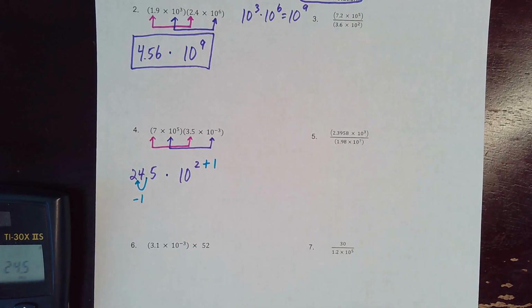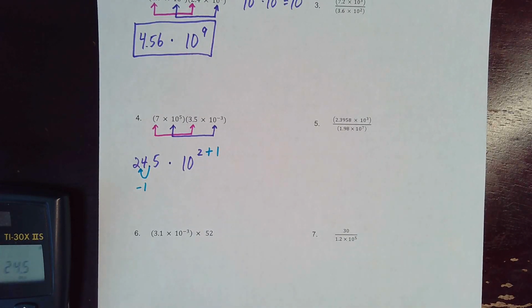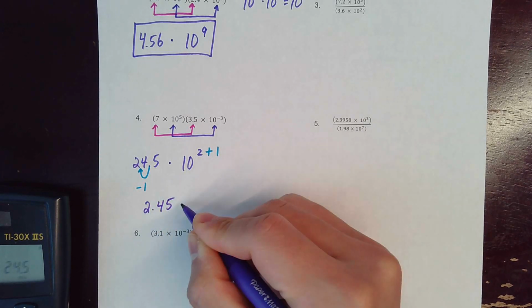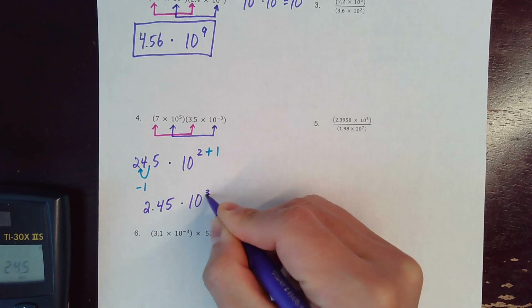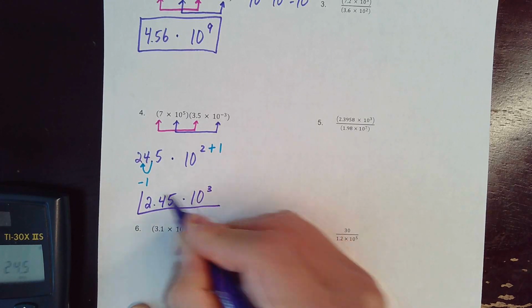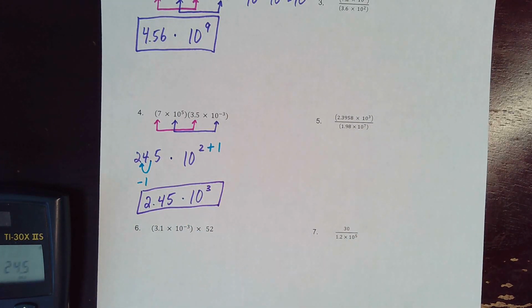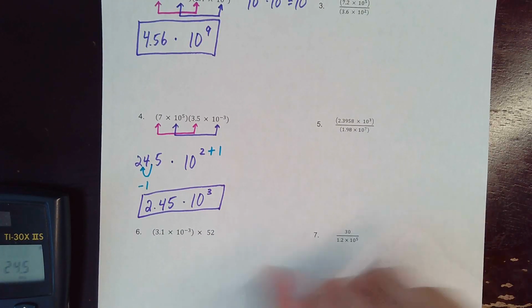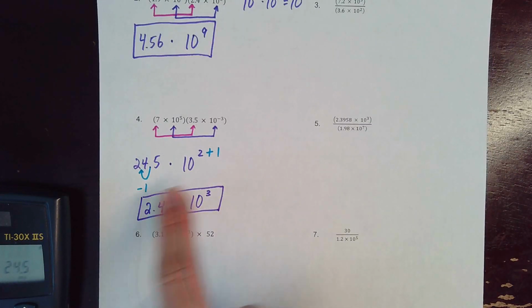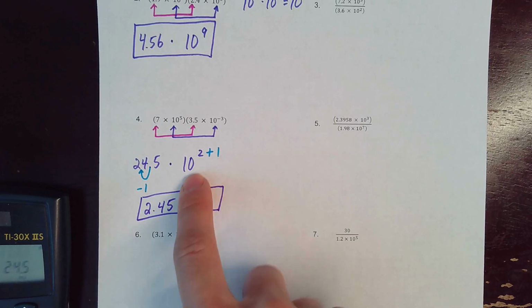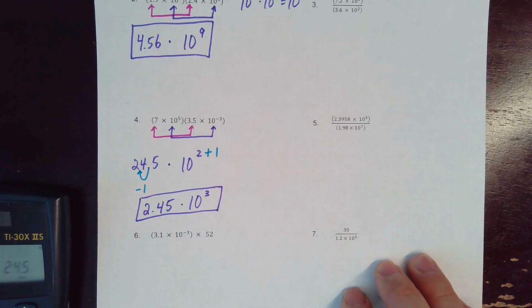And that allows the number to still have the equivalent value, right? So then now the final answer, 2.45 times 10 to the third. That's our final. This process in sky blue is very, very important, right? You take away one placeholder, you have to give it back to the exponent of your base 10.